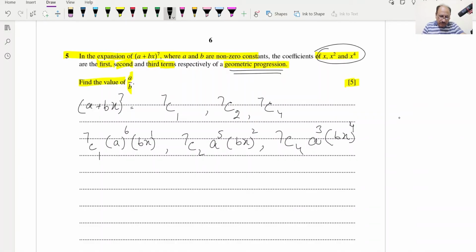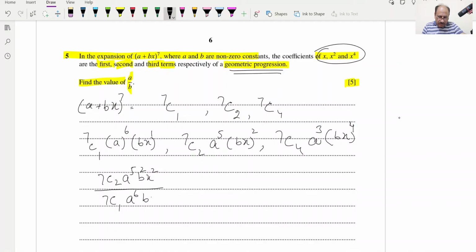For the common ratio we can use these two, so 7C2 a^5 b^2 x^2, or we can write separately like b squared and x squared, over 7C1, the previous term, and a raised to the power 6, and b and x, the first term which we are writing.